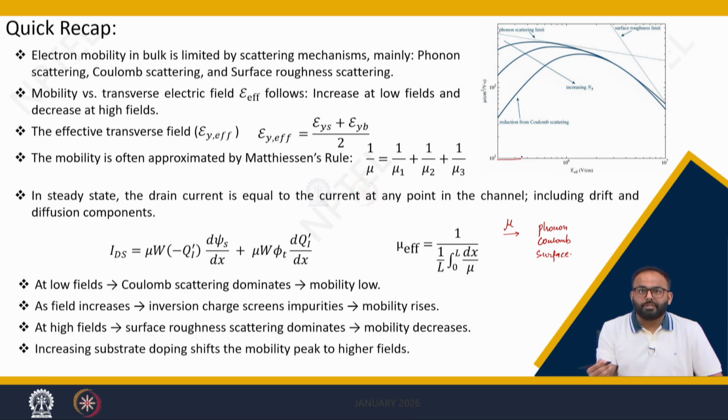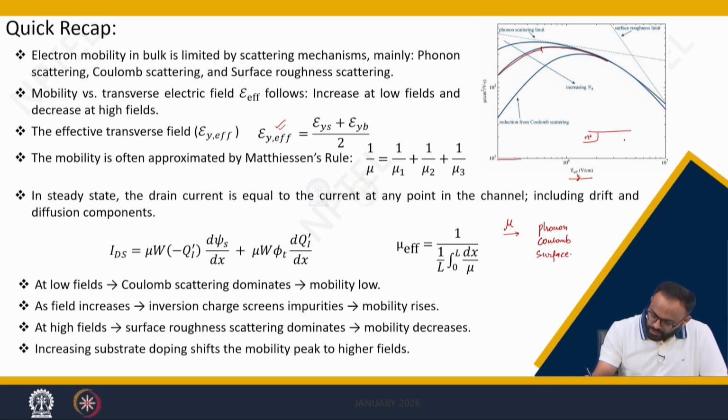But when you increase the vertical field, denoted by Ey effective, the inversion charge comes to the surface and screens this Coulomb scattering, and hence for a particular field the mobility increases. Beyond that value the mobility again decreases because phonon scattering and surface roughness scattering dominate. We said that we can define the effective electric field like this.